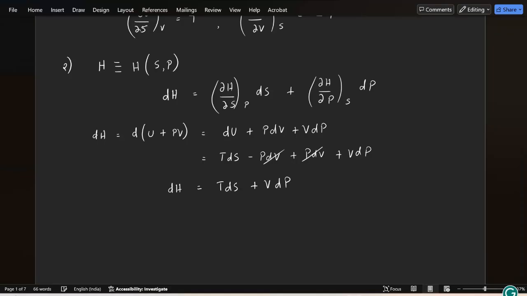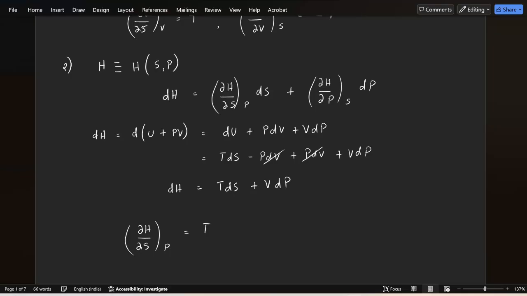Again, we are going to compare the dH equation with the total differential. If we compare that, del H by del S at constant P is again going to be equal to what? Compare these two equations.